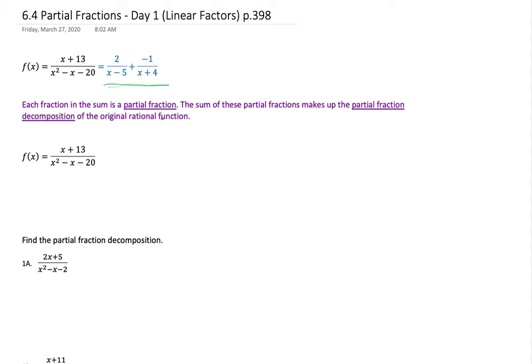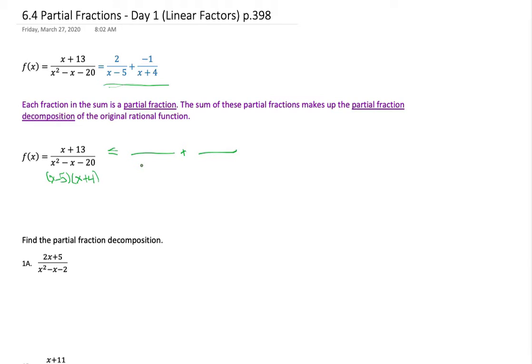I'm just going to show you how they get this with this problem, and then we'll do a couple practice problems. What you want to do first is get the denominators. If we factor x squared minus x minus 20, we're going to get x minus 5 and x plus 4.